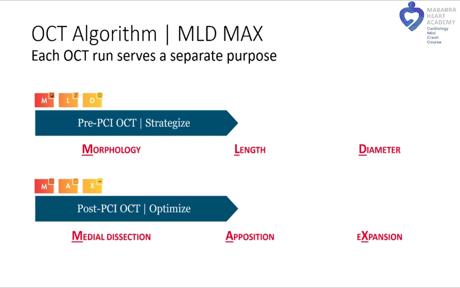Once you do the OCT run, you need to assess your MLD, meaning morphology, length, and diameter. After that, you determine your strategy. For example, if you need to stent, you need to post-dilate or optimize, and then you do your post-OCT run, and you assess for max, meaning medial dissection, apposition, and expansion.